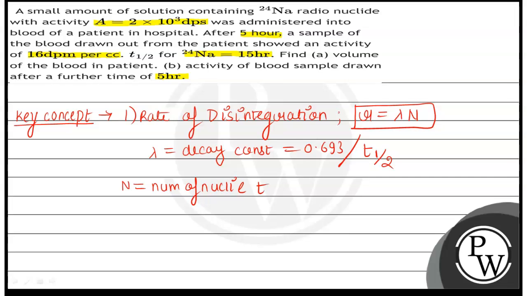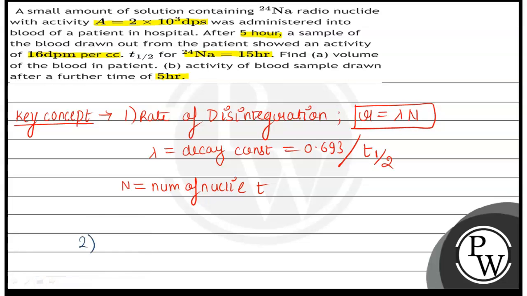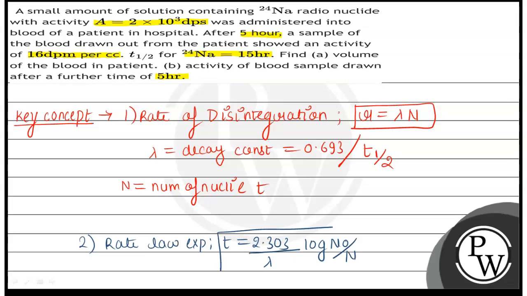At time T. Now, let's understand the second formula to solve this question. The rate law expression is given by the formula T = 2.303 divided by λ × log of N naught by N. So this is the second formula.